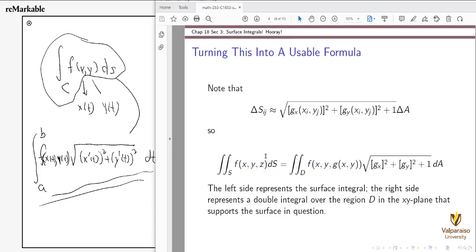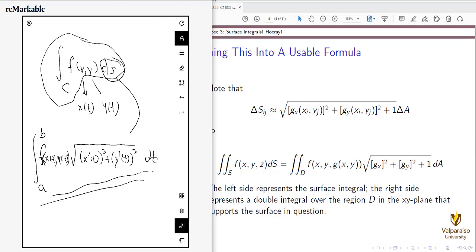In order to calculate it, we have to expand it according to the equation that describes the surface by leaving x and y alone, replacing the variable z with the equation of the surface, which we'll call g of xy, and then what used to be dS, d capital S, will expand into this horrible square root thing based on the function of the surface, much like in the contour integral case, the d little s expanded into this horrible square root thing having to do with the parameter of the contour.